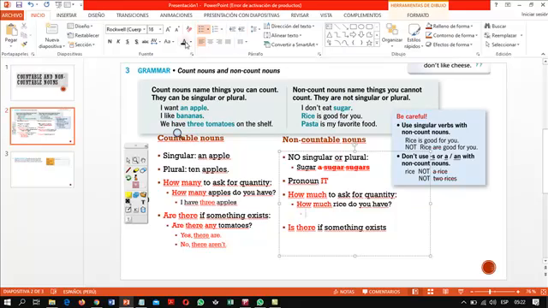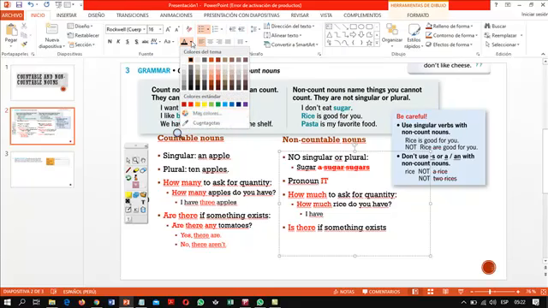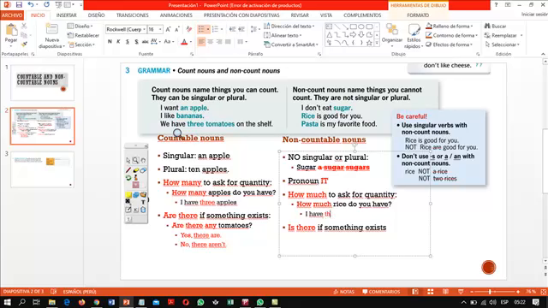And you can go with I have 3 bags. In this case, the bags are our quantifier, right?